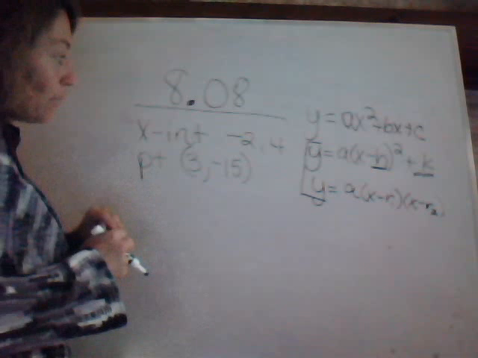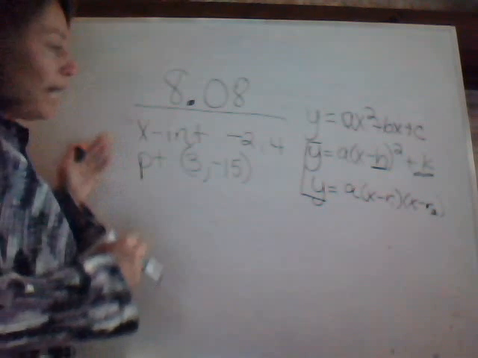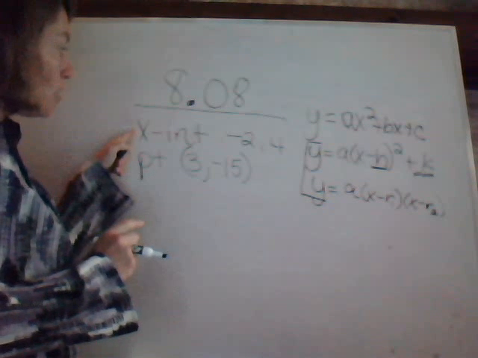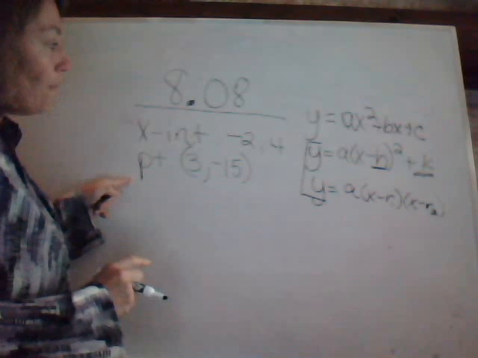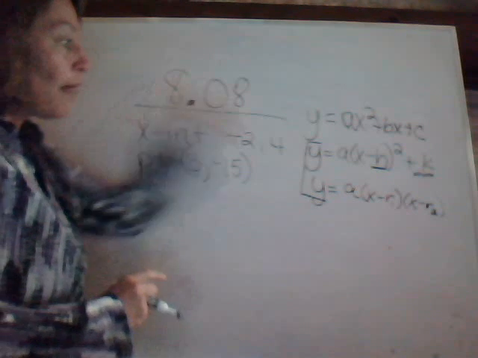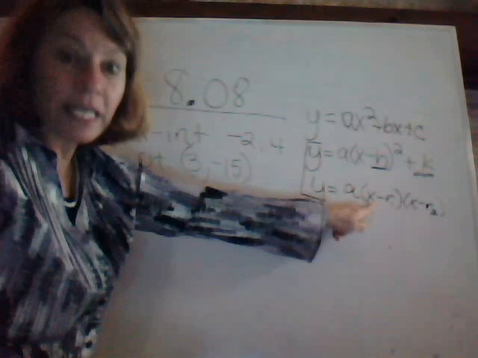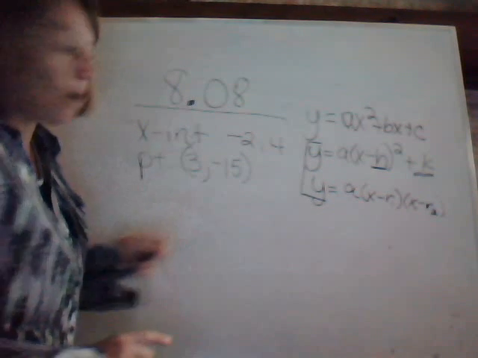So the first one I'm going to do is actually from the homework. It's an even problem, and I can't remember which even problem was in there. This one has the x-intercepts and one point. Well, if I have x-intercepts, that is a root, isn't it? So I'm going to use this formula to create my equation, or solve for a.